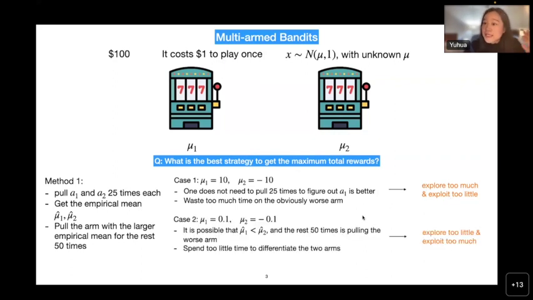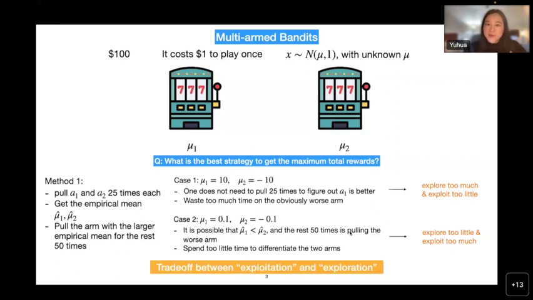The second case is the opposite, where the expectations of the two slot machines are very close to each other. It is very possible that after pulling 50 times, you will find the empirical mean of the first slot machine is less than that of the second one. So you are playing the remaining 50 times on the wrong arm. In this case, you are spending too little time differentiating the two arms.